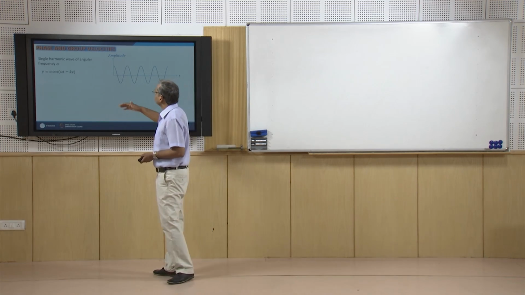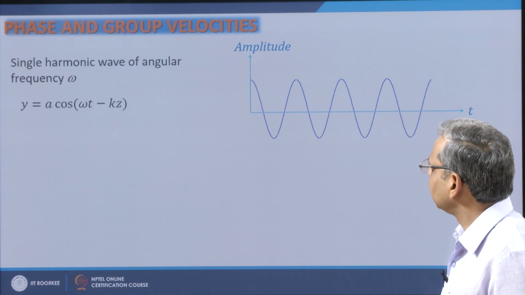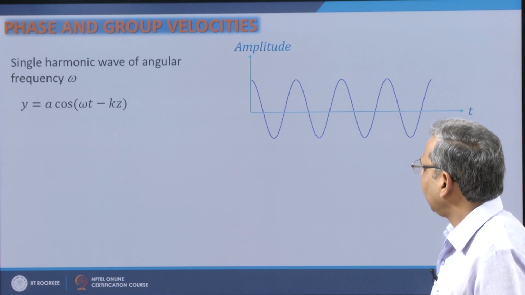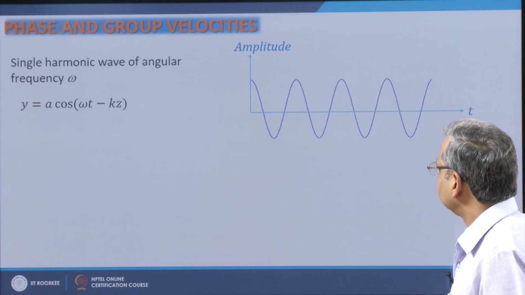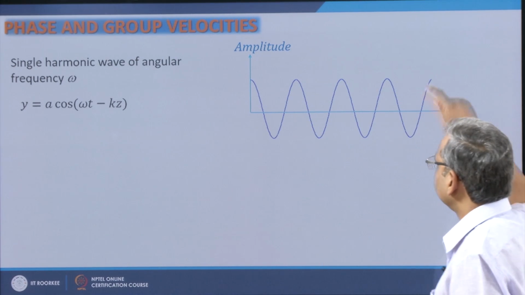If I plot it at a certain z, for all the times, it will vary with time something like this.